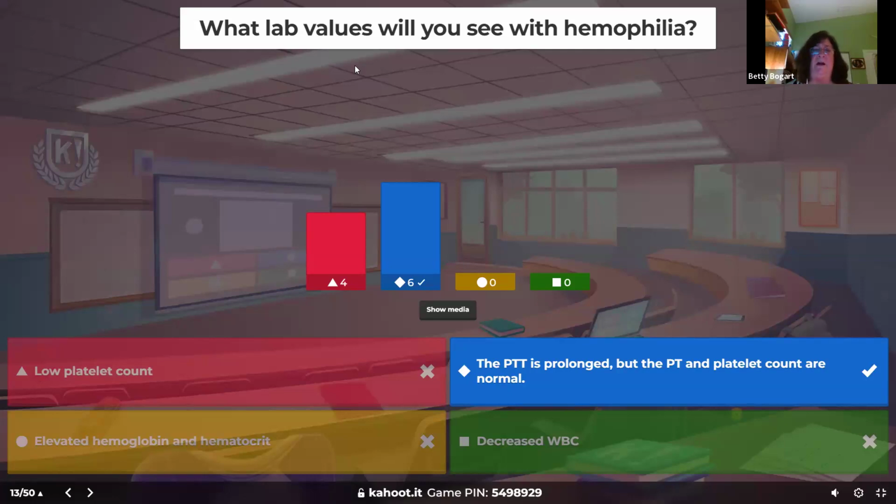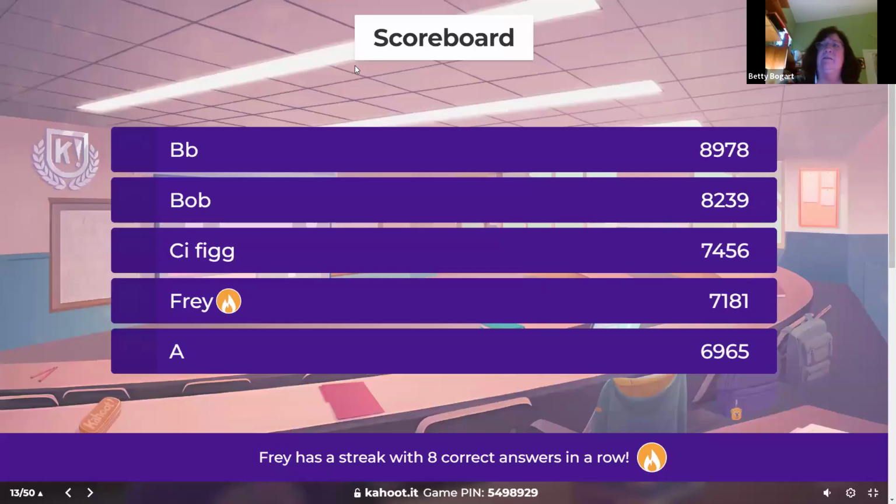That's not hemophilia. Hemophilia, your PTT is way prolonged. And then whatever factor you don't have is, of course, going to be decreased. But your PT and platelets are normal. And that's the difference there that you can see. Why are they bleeding? Is it the ITP platelets or is it hemophilia? You can tell right there by the platelets.